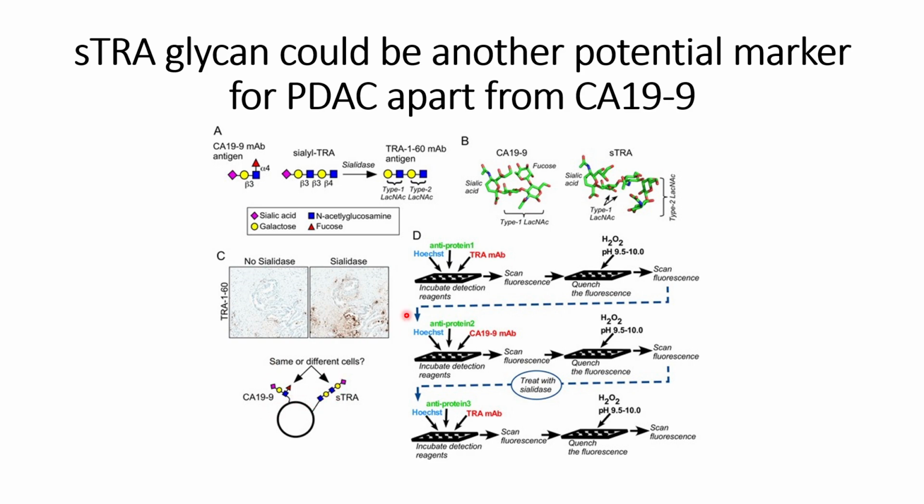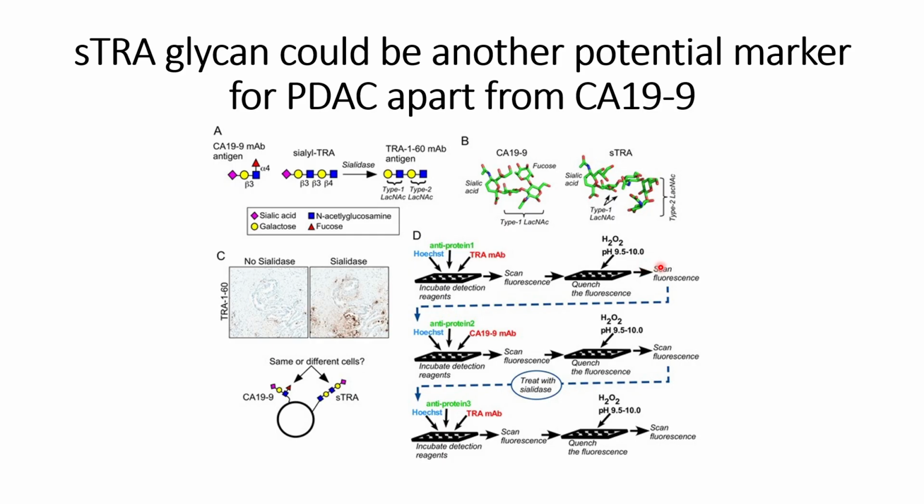The approach is shown in panel D, where they used Hoechst dye to stain the nucleus of the cells, and thereafter used anti-protein 1 with a green fluorescence to stain the proteins, and TRA monoclonal antibodies to stain the glycans. Thereafter they scanned the fluorescence and then quenched it.